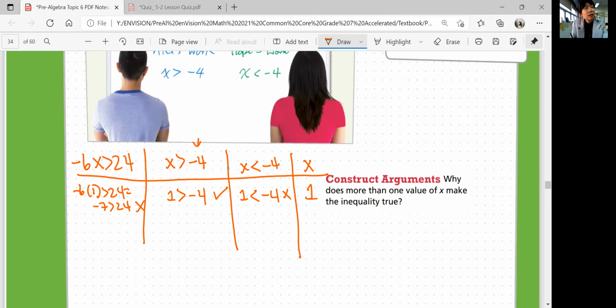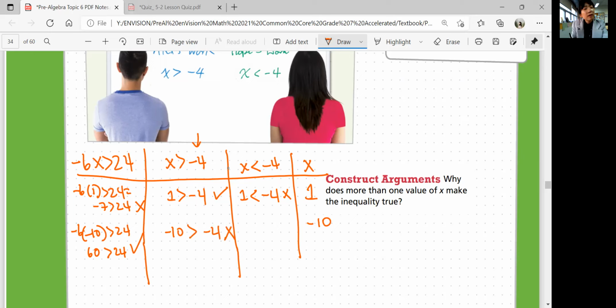But this one has a different answer. Okay, so for example, what if you have -10? If x is -10 and you plug in -10 over here, is -6 times -10 greater than 24? That's going to be positive 60. Is that greater than 24? Yes. Okay, is x = -10 greater than -4?